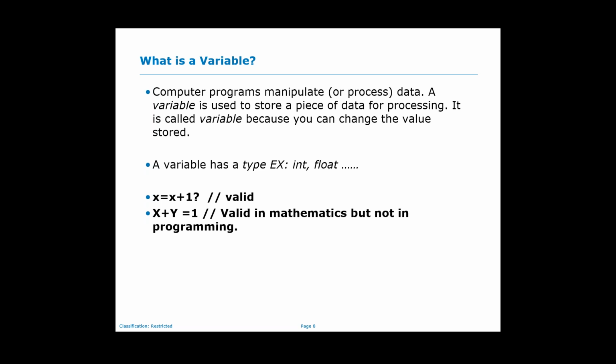Also, one thing you need to remember is that x = x + 1 is a valid expression in Java and valid in any programming language. But x + y = 1 is only valid in mathematics, and is no longer valid in any programming language. This is a basic question any interviewer can ask about this.